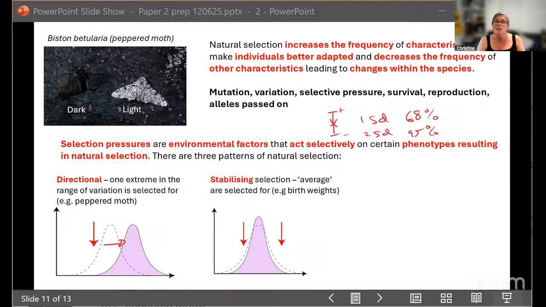So in that case, we are selecting for the average, stabilizing, and selecting against the extremes.